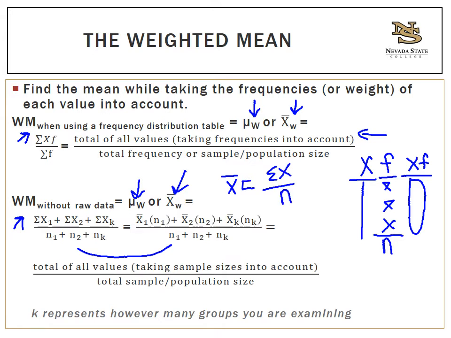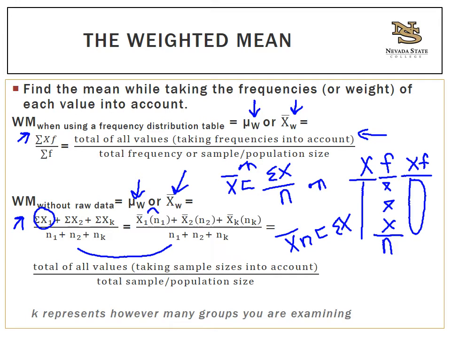So if I don't give you the sum of X here, you can figure out what it is by taking this formula, multiplying n by both sides, and the mean times the sample size gives you the sum of X. So that's why these two formulas are completely equivalent, because the sum of X is the same as taking the mean times the sample size.